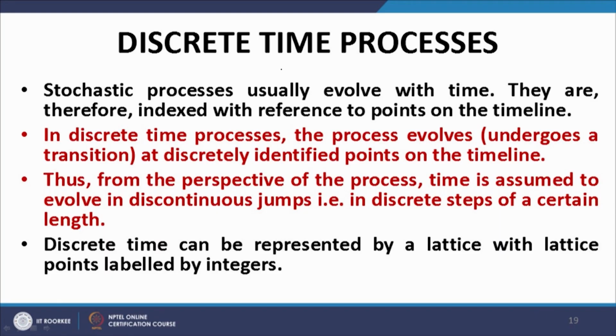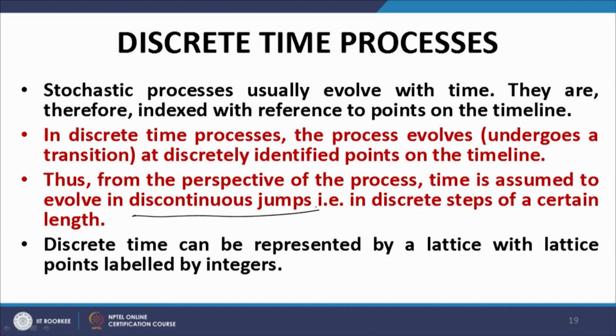These points are called time steps, at which the system undergoes a transition. Thus, from the perspective of the process, time is assumed to evolve in discontinuous jumps. This is the important part.